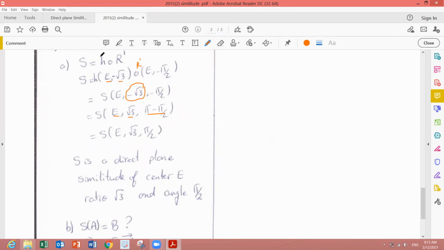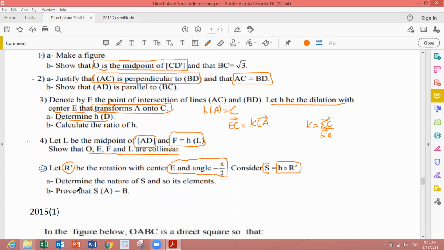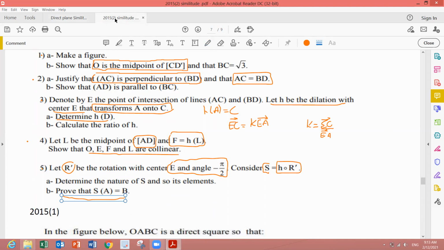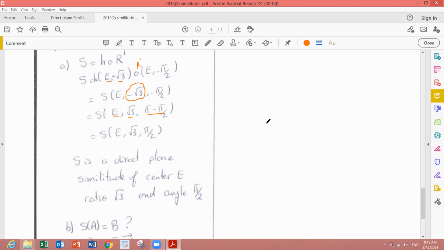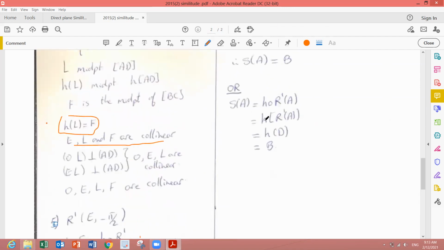Done, guys? Yes. Prove that S of A equals B. How to show S of A equals B? We have two methods.